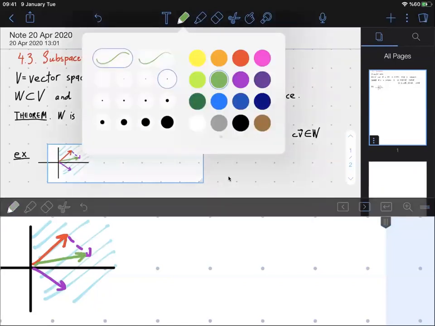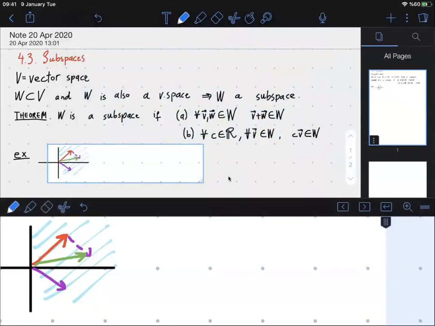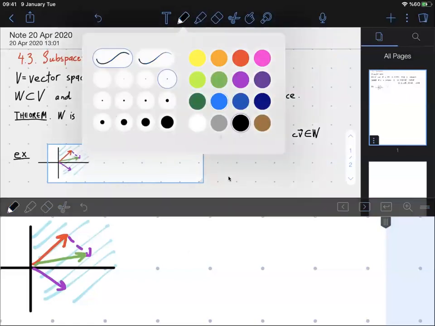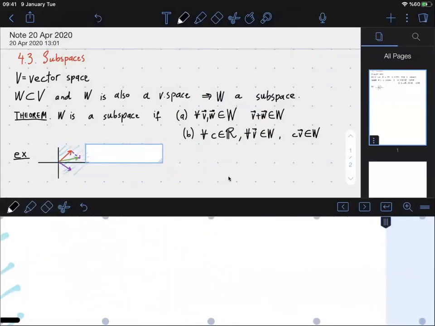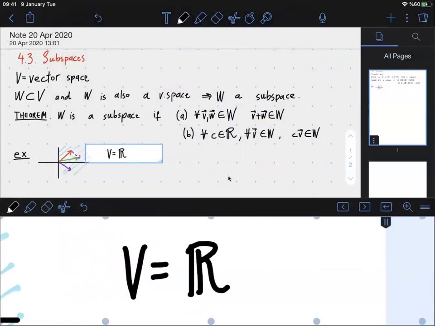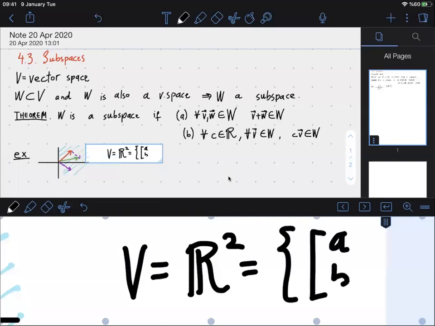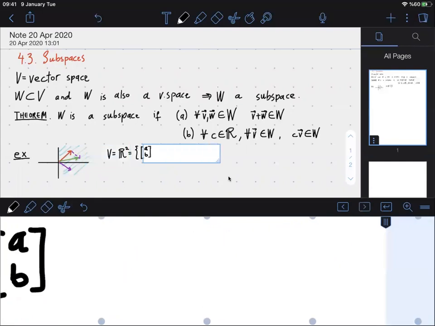So let's be more formal. V is R2. What is R2? R2 is the set of all vectors of this form: A the first component and B the second component, okay?